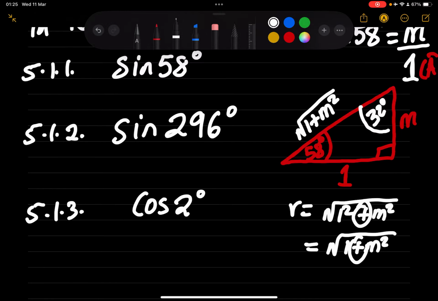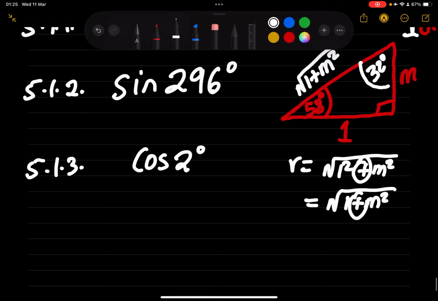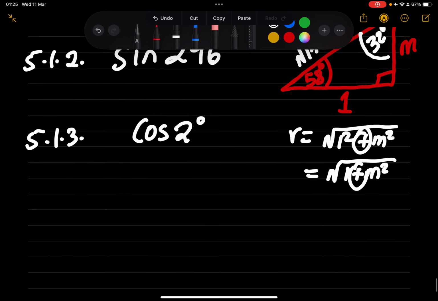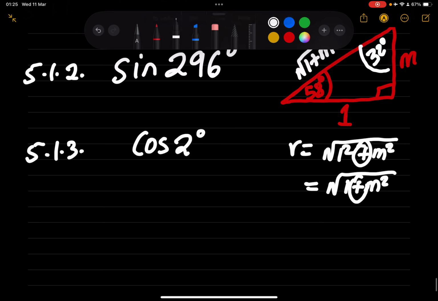Okay, now we can answer the questions. We're looking for 5.1.1.